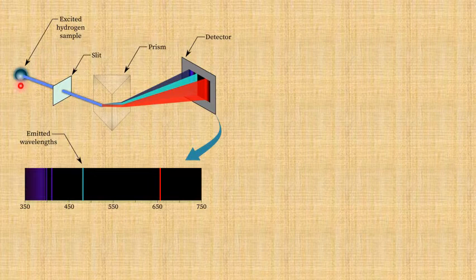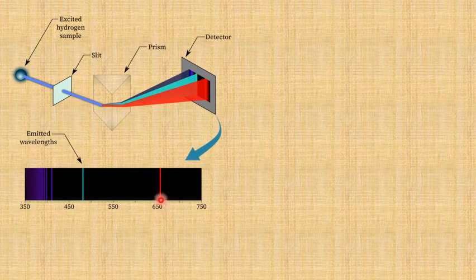This is the excited hydrogen atom, it gives radiation. The radiation passes through the slit and through the prism. The prism will analyze it, and in the detector we will get what? These colors.